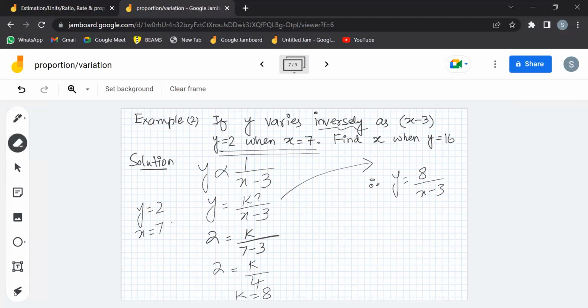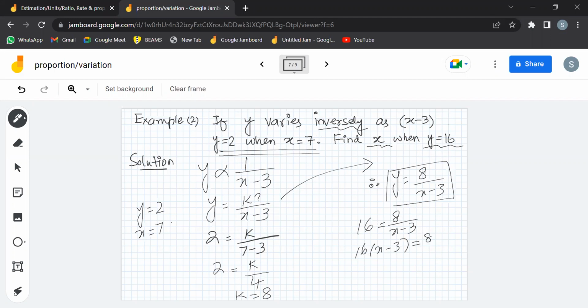The question is to find x when y equals 16. So this is the formula: when y equals 16, 16 is equal to 8 over x minus 3, and you can cross multiply, you can write 16 into x minus 3 is equal to 8.